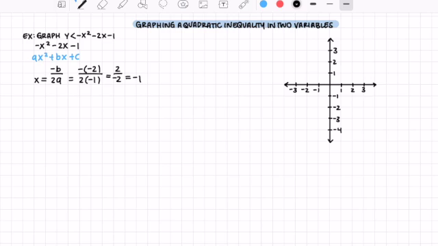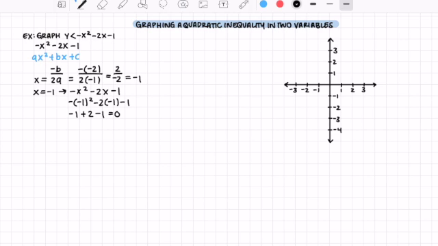Once I do that, I need to find out what my y value is so I can identify my vertex. So I'm just going to take x equaling negative 1 and plug it into my original equation, negative x squared minus 2x minus 1. When I do that, I get negative 1 to the power of 2 minus 2 times negative 1 minus 1. This turns into negative 1 plus 2 minus 1, and that equals just 0.